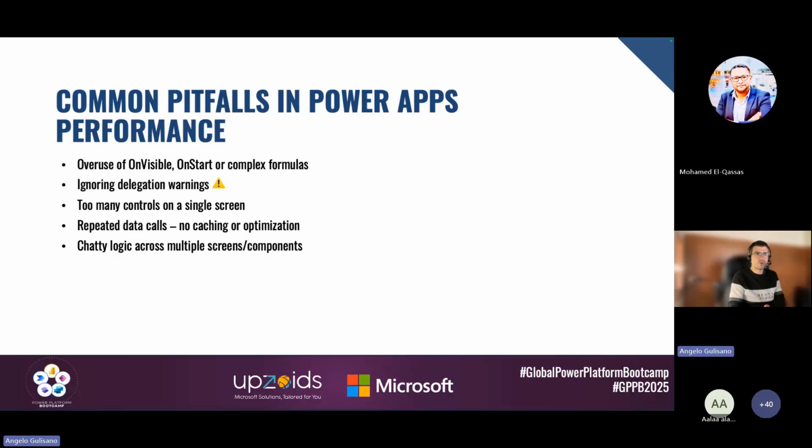Before jumping into solutions, I want to take a quick look at the most common killers of Power Apps performance. Probably almost everyone has hit these problems, myself included. For example, overuse of OnVisible, OnStart, or complex formulas. Ignoring delegation warnings. You probably see the little yellow triangle in the formulas, and okay, it still works.